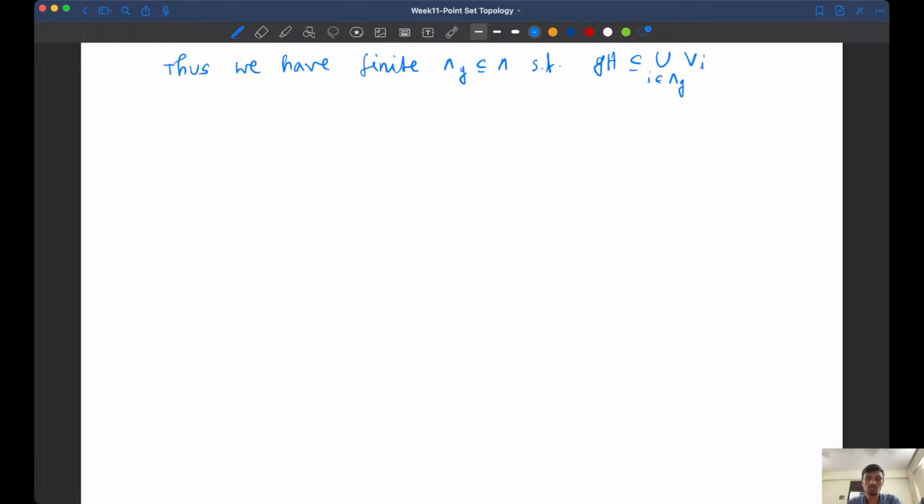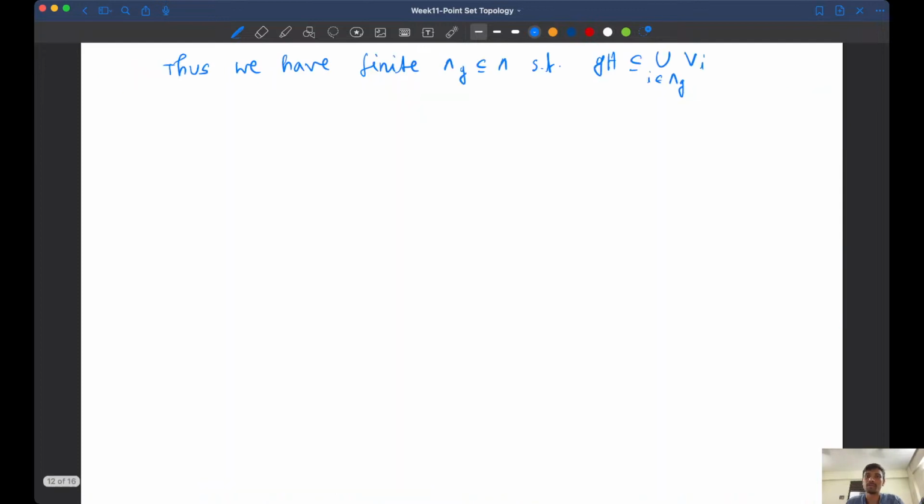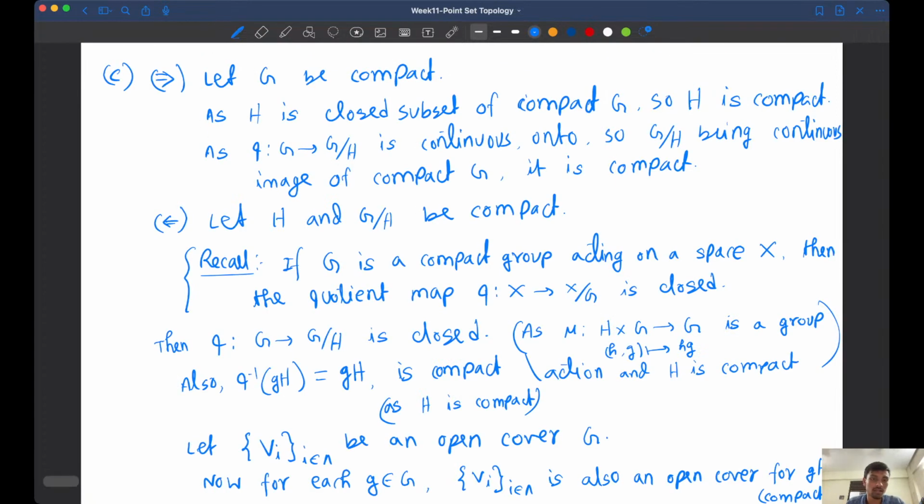Correct? So this is an open cover of a compact set, and we have a finite subcover of that. Depending on g, my indexing set will change, so I am denoting that by lambda_g. Now all of this gH will actually cover my whole of H.